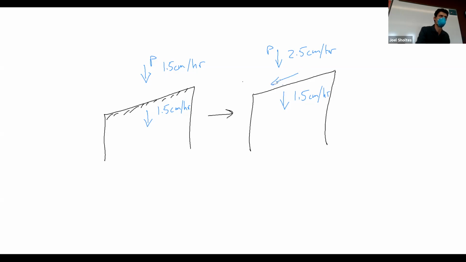This is infiltration, and now we get runoff, which is going to be 1.0 centimeters per hour, just the arithmetic difference between what's falling and what's actually infiltrating. So you can imagine over time, you could develop a hydrograph by understanding whether the infiltration rate changes over time or whether we consider it constant. And then you could understand your runoff over time as a function of whatever's not infiltrating.